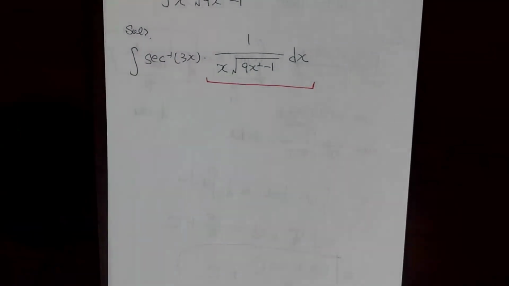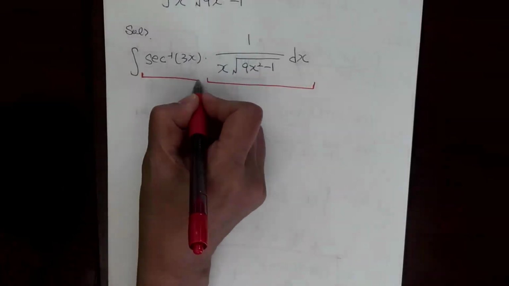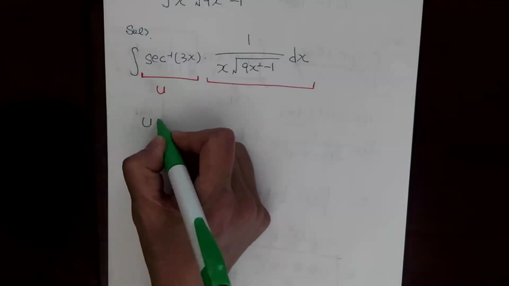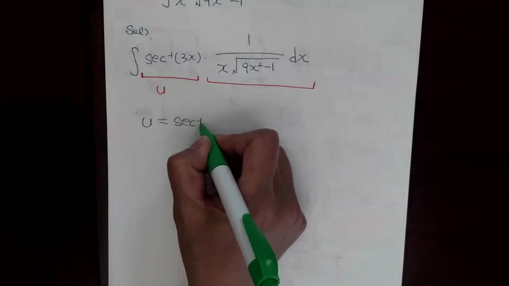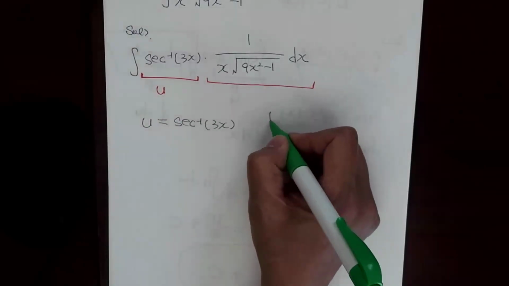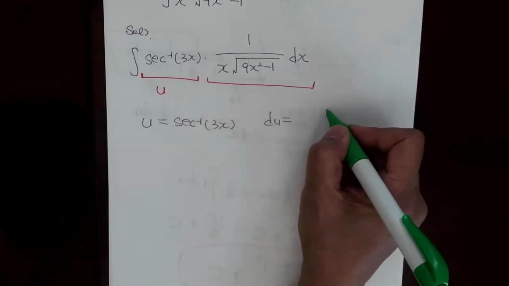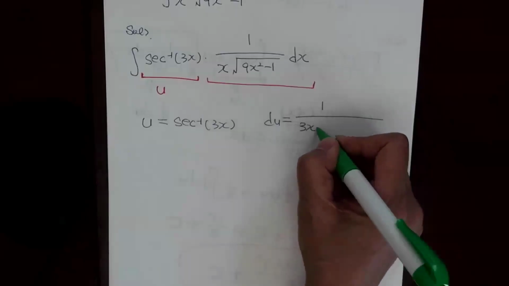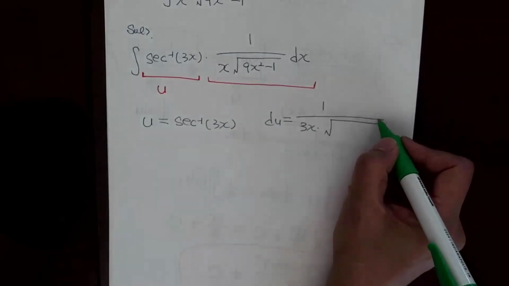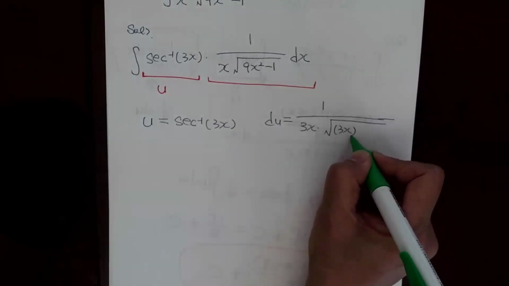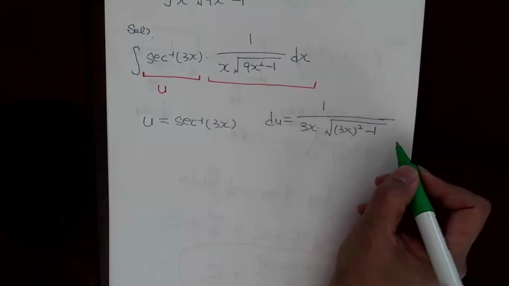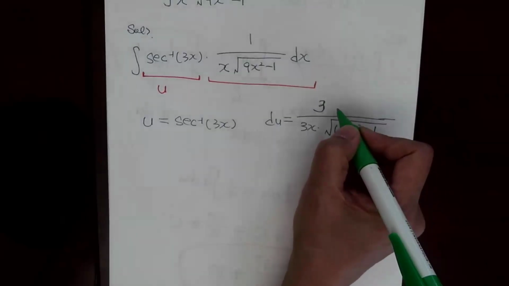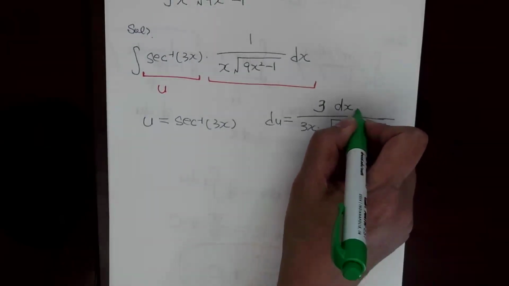So what we want to do is put u equals secant inverse of 3x. Then du equals what? That is 1 over 3x times the square root of 9x squared minus 1, and then we have to apply the chain rule, so 3 dx, the inner function.